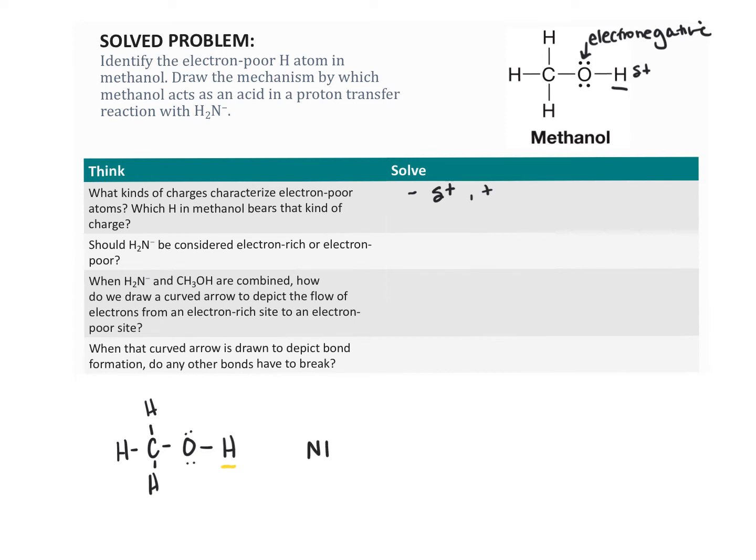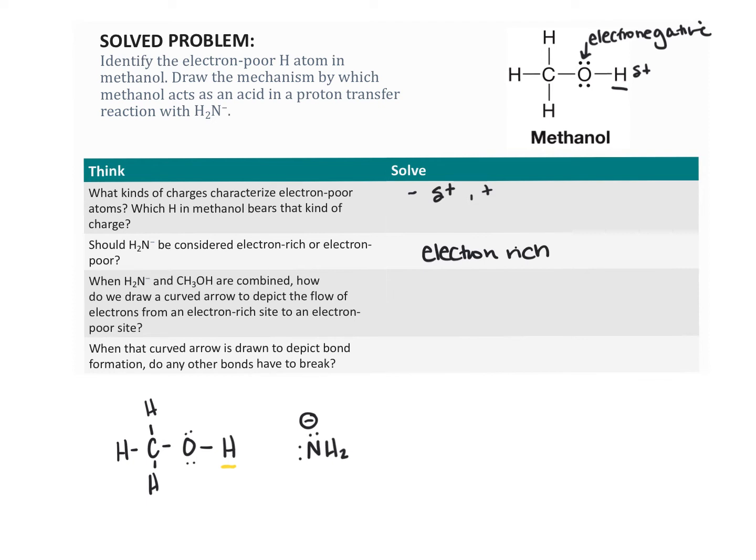So NH2, and then we put those electrons around to give us the formal -1 charge. We have to show that minus and the electrons. Should H2N minus be considered electron rich or electron poor? It has a negative charge, so it should be considered electron rich.